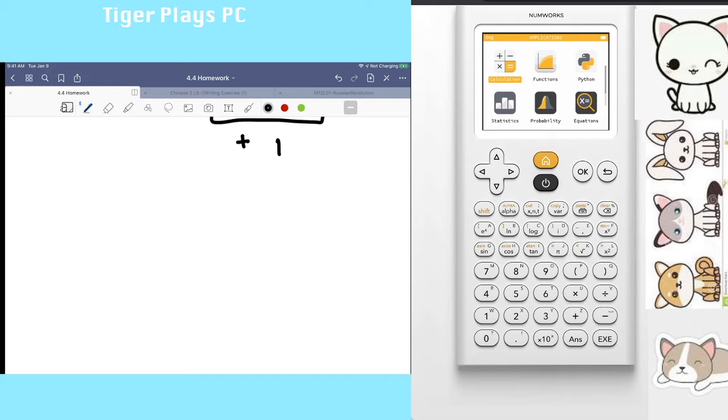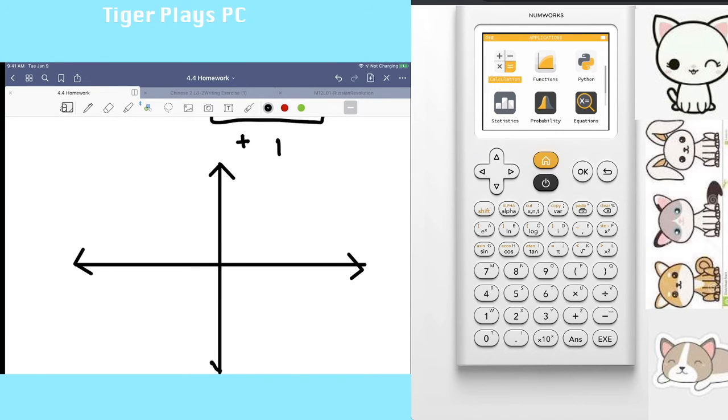So let's draw a coordinate plane here. Alright, the coordinate plane. And if you remember from Algebra 2, in the first quadrant everything is positive, in the second quadrant only sine is positive, in the third quadrant only tangent is positive, and in the fourth quadrant only cosine is positive.